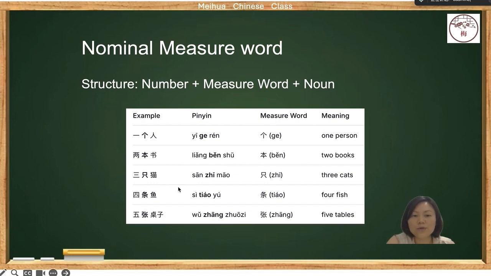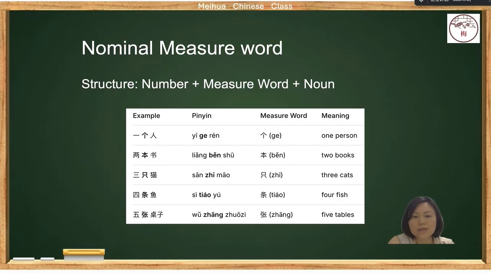If you noticed, when the number is more than 2, we see the noun is still in the singular form, right? We don't see any plural forms here. Yes, that's correct.